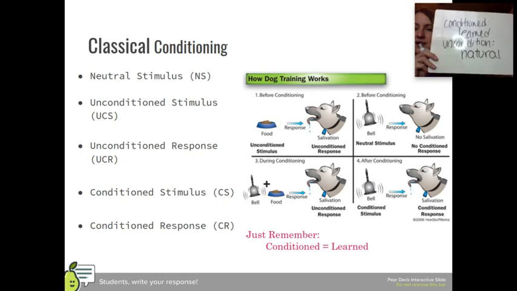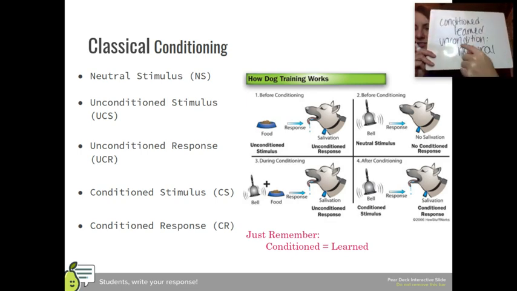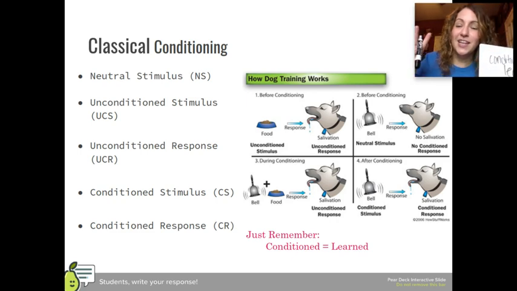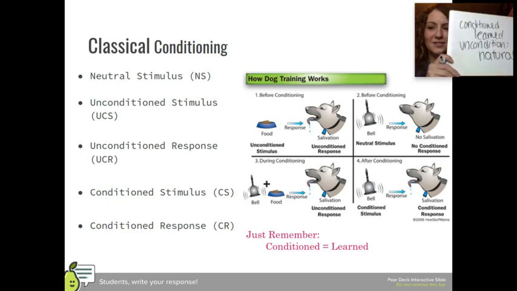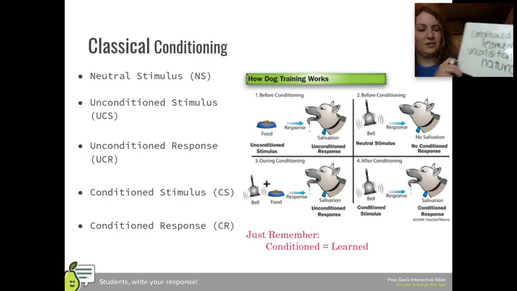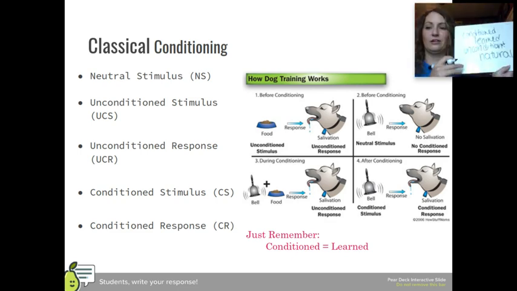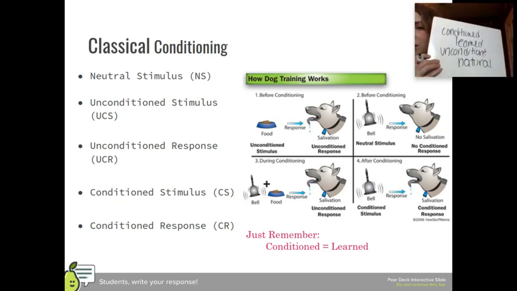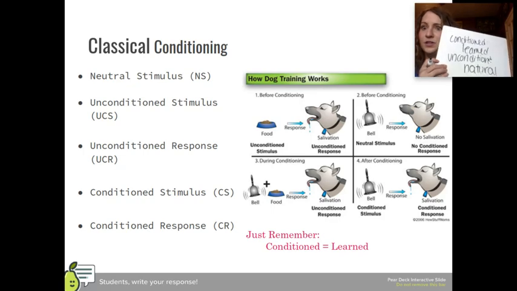Unconditioned means natural. It's totally natural for a dog to salivate to meat powder. It's what they do. It is not natural. It has to be learned for them to salivate to a bell.